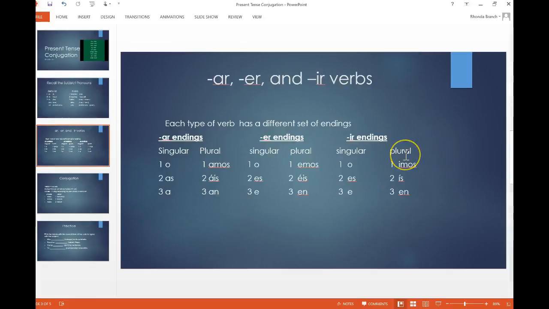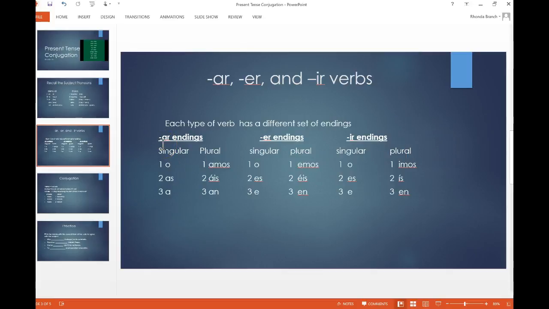Now, when we're speaking of verbs in Spanish, all verbs are considered to be either AR, ER, or IR verbs. And what that simply means is that they end with either AR, ER, or IR. And each of these types of verbs have a different set of endings. And I've listed the endings here.